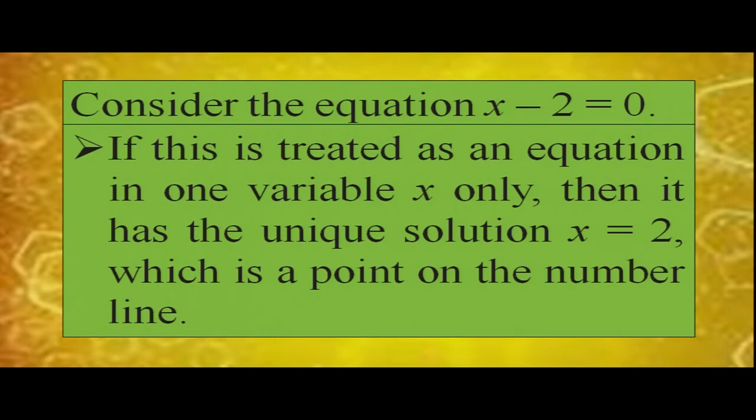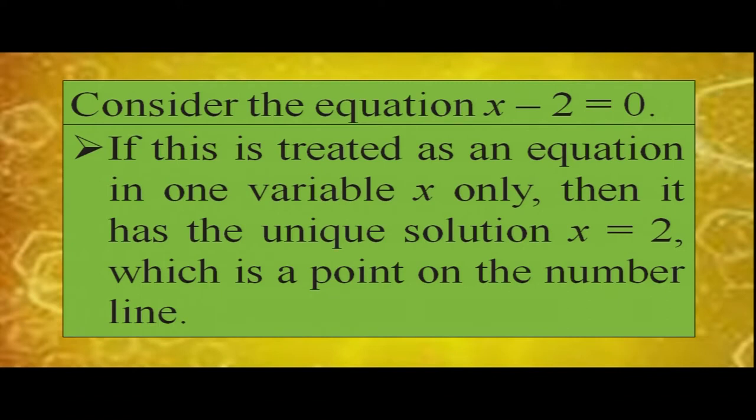Let's have a look at this type of equation, that is x - 2 = 0. You can see that this is an equation in one variable, that is of x only. Then it has only one unique solution, that is x = 2.